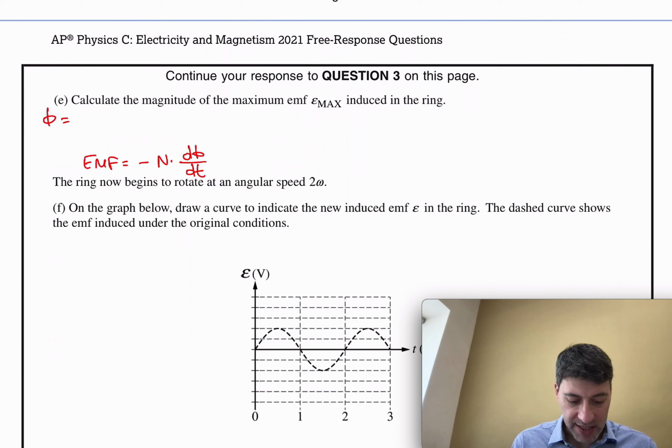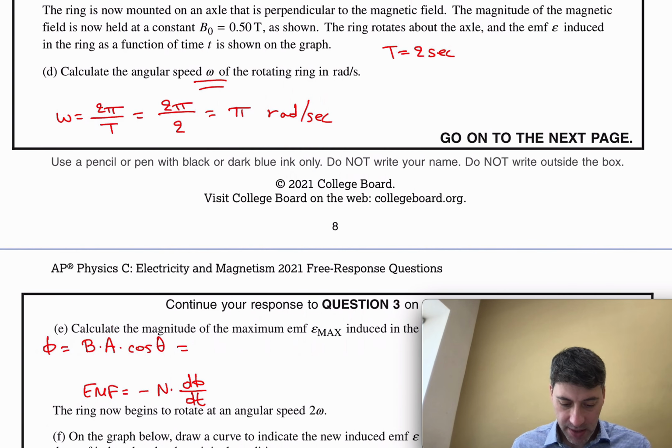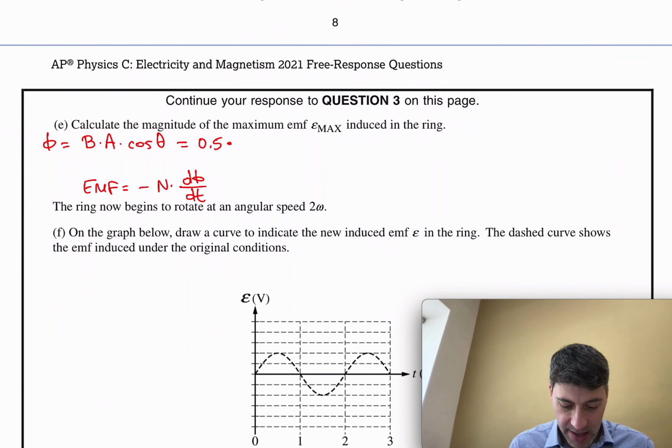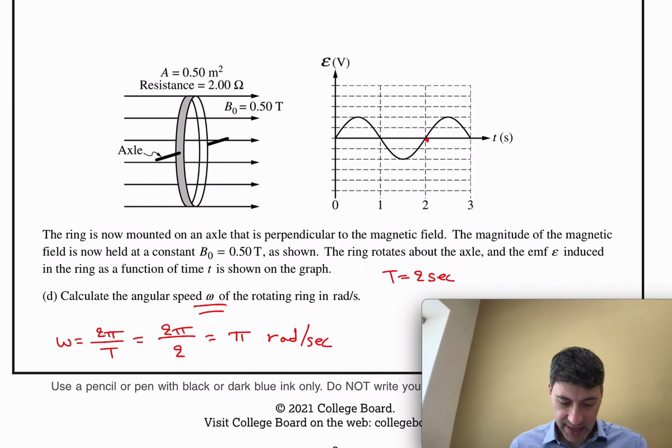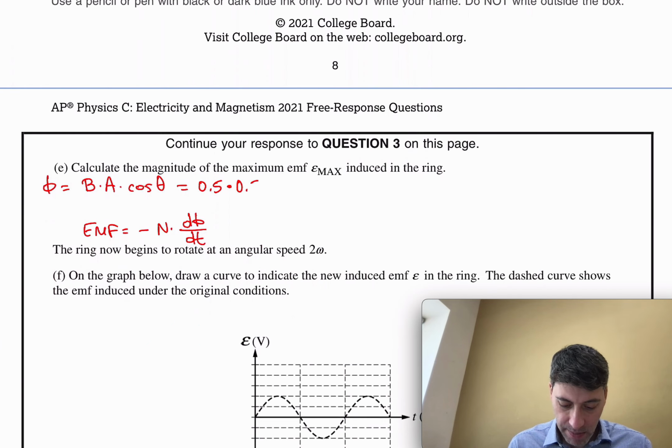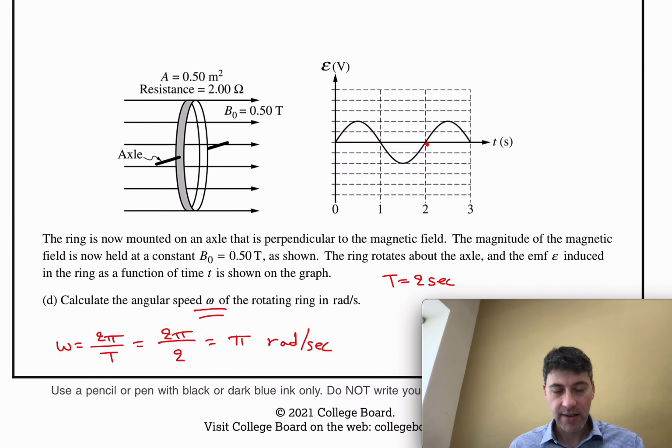So the magnetic flux is B times A times cosine of the angle. Now the B doesn't change, the B is constant, 0.5, and the area also doesn't change. The area is again 0.5, but as the ring is rotating, what changes is the angle between the magnetic field and the normal to the loop.